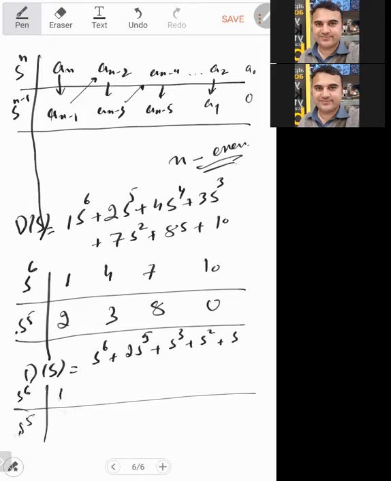So s^6 is 1, s^5 has coefficient equal to 2, then s^4 has coefficient equal to 0, and s^3 is 1, s^2 is 1, s^1 is equal to 1, and s^0 is equal to 0, and then this one is also equal to 0. So the constant term is also equal to 0 in this case. So you see that we can easily transform the information into the Routh table.